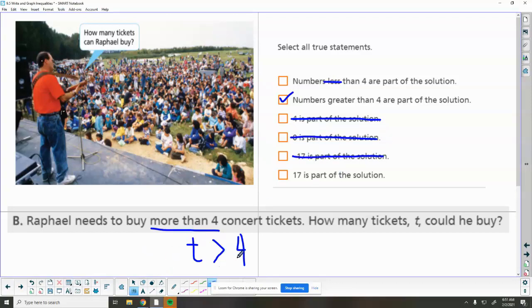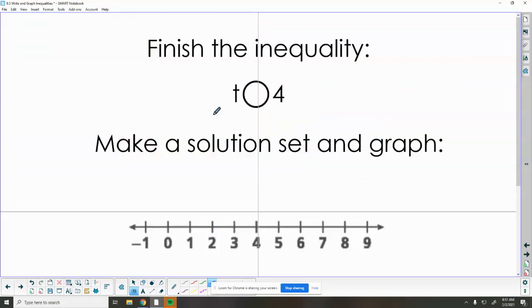Yes, 17 is greater than 4. So our inequality was that we wanted to buy more than 4. We want our ticket number to be greater than 4. Go ahead and see if you can create a solution set here for t is greater than 4.